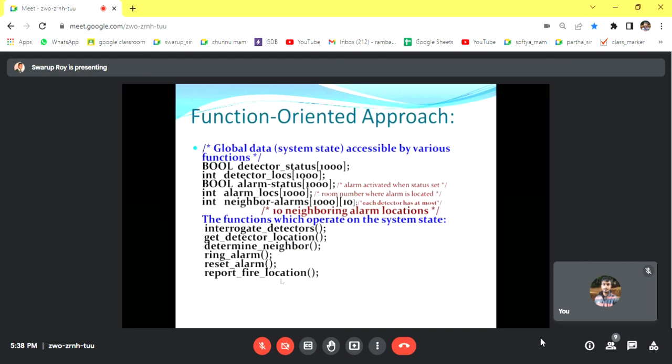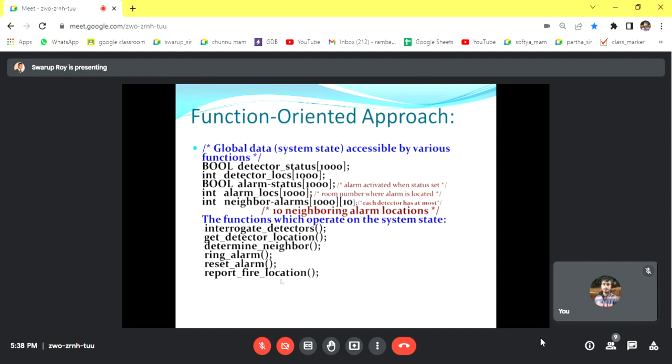It's an array of 1000, and each cell indicates whether that detector is on or off. If initially all are 0, no detectors are on. But if some detectors are on, those cells will be 1. Looking into that, you can easily understand which smoke detectors are detecting fire.